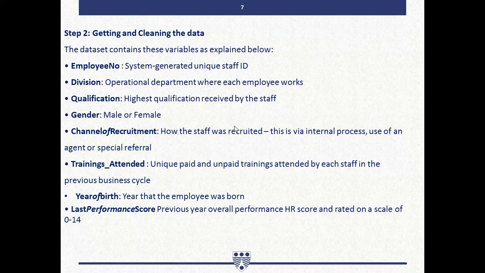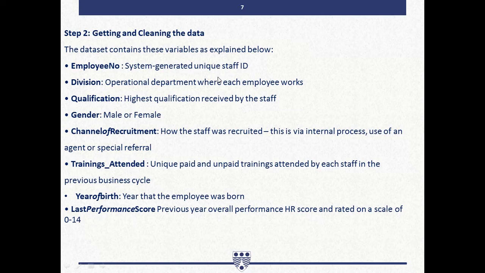He gave us previous historical data of the company, which consists of different variables like the employee number. This is a system generated unique staff ID. Employees in a company all have their own unique ID, right?